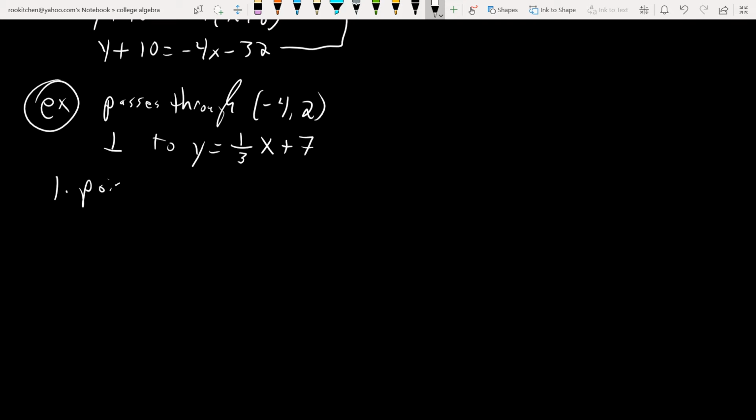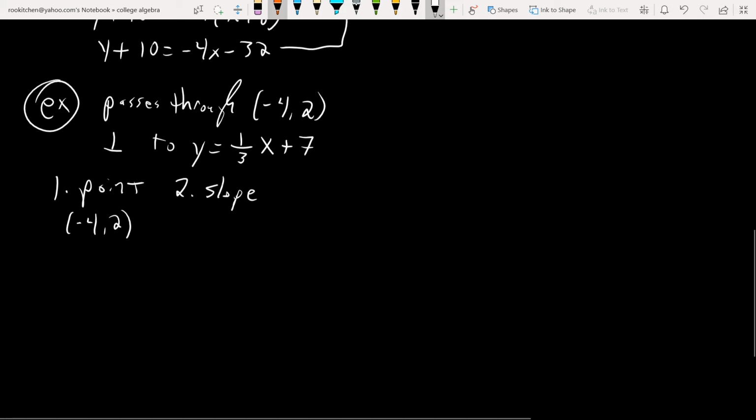We need a point, which we have. It's -4, 2. And in MyMathLab, they'll sometimes just give you a picture, right? They'll give you a picture, and the point is on the picture. You have to use the picture to find the point. It won't just be given to you like this. So hopefully that's not confusing. But anyways, there's the point, and then we need a slope, right?